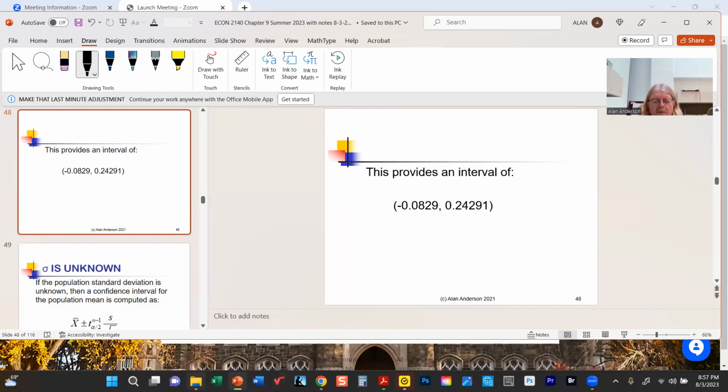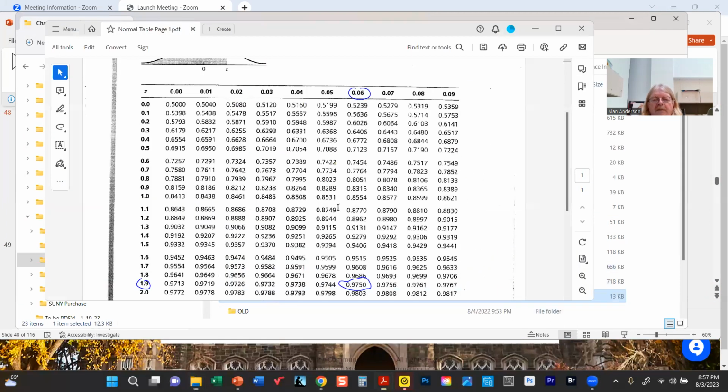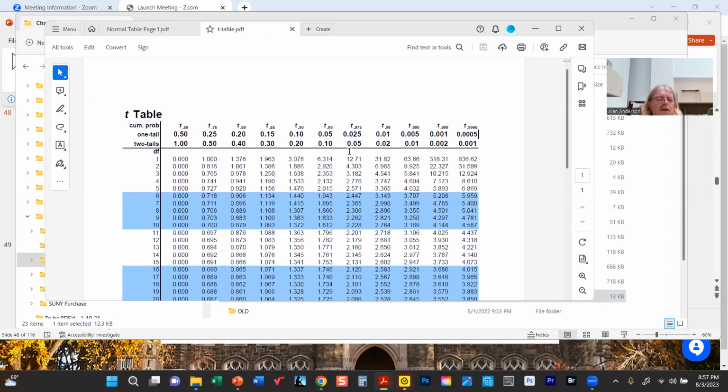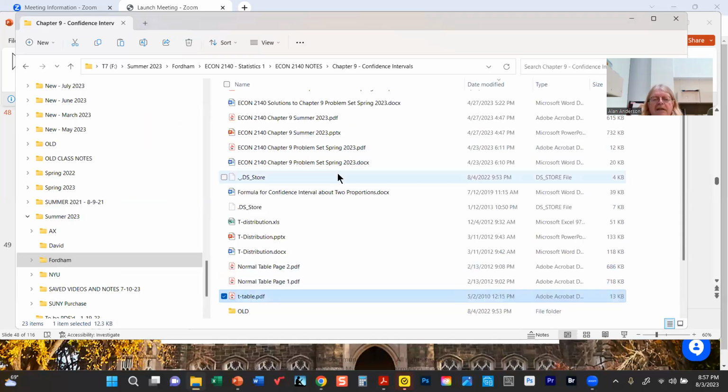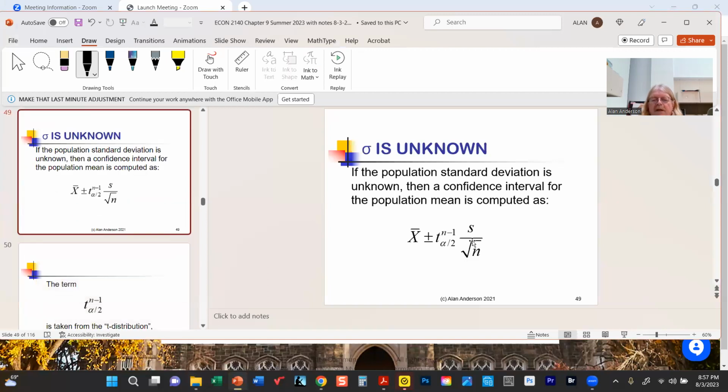All right. Now, what about sigma is unknown? So what I'm going to do is open up a special table that we'll be looking at for this new probability distribution. And we're going to need to take a bit of a detour and learn about this new distribution. If sigma is unknown, we're going to use the following formula. And if you notice, there's a couple of changes.